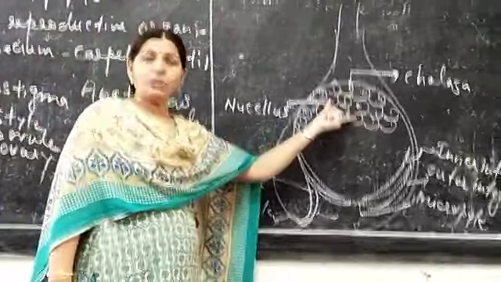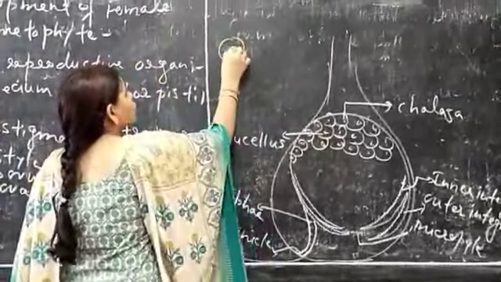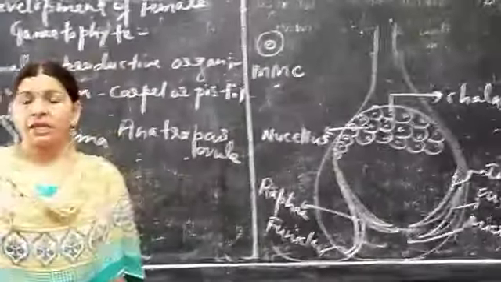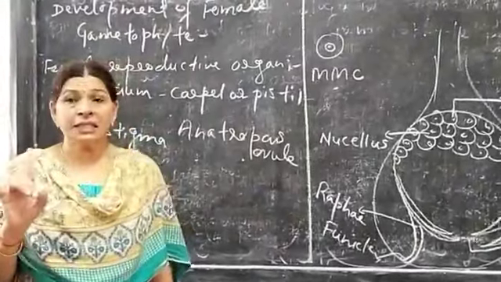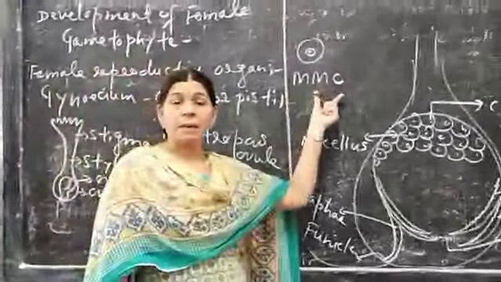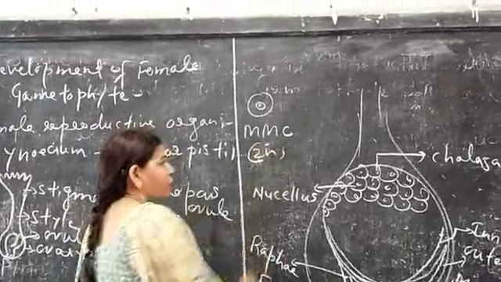Out of the nucellus cells, any one cell acts as the megaspore mother cell, that is MMC. Remember, pollen mother cells are present in the sporogenous tissue of the anther, but this is the megaspore mother cell, which is also diploid in nature.